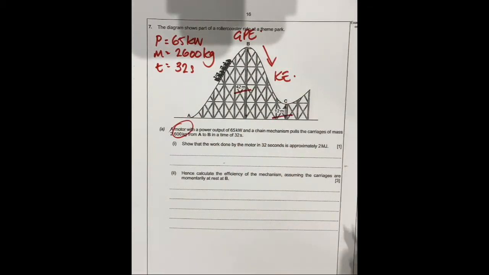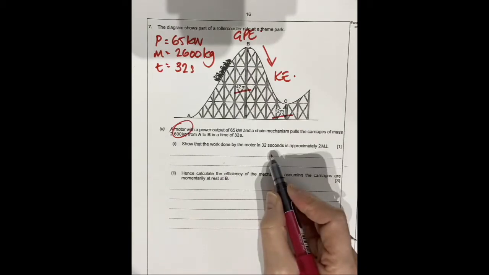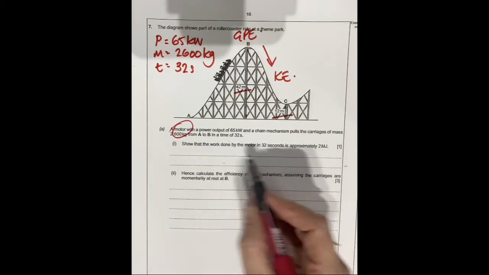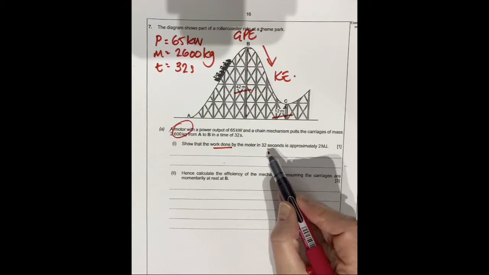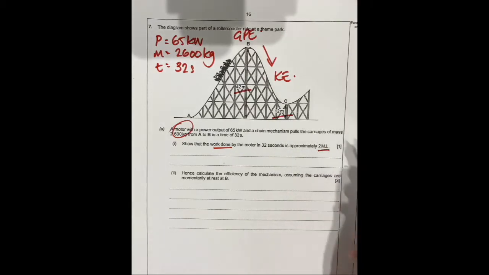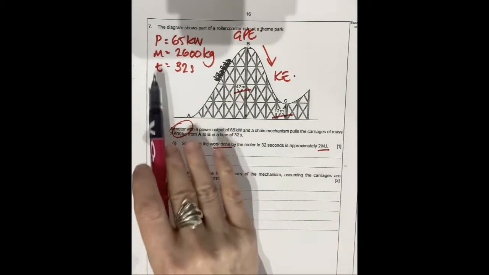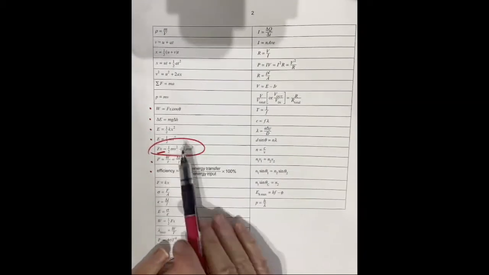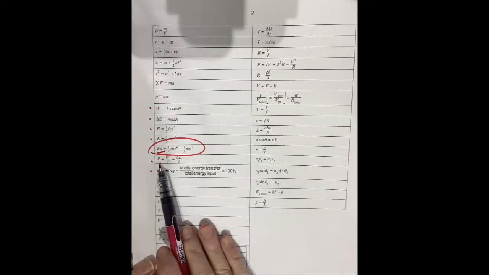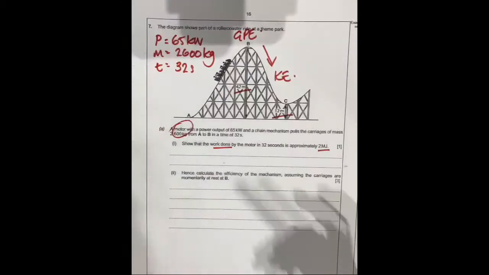All right. Work done by the motor: show that the work done by the motor in 32 seconds is approximately 2 megajoules. So basically this means calculate work done and prove that that's the answer. All right, so we know power, we know time. This is the one we need. Power equals work done over time taken.